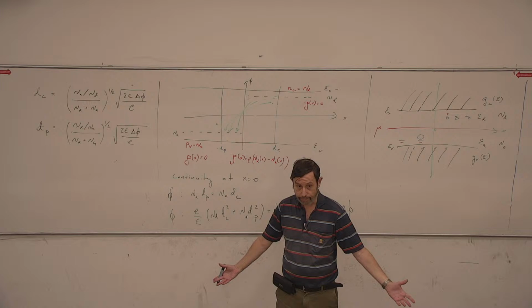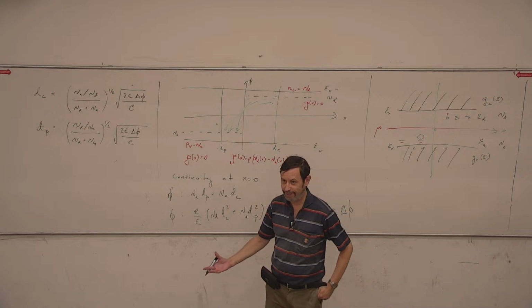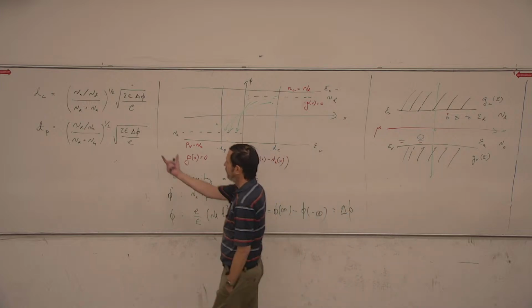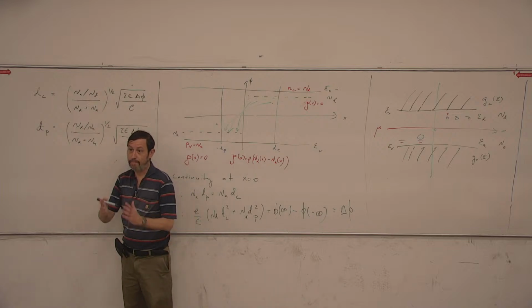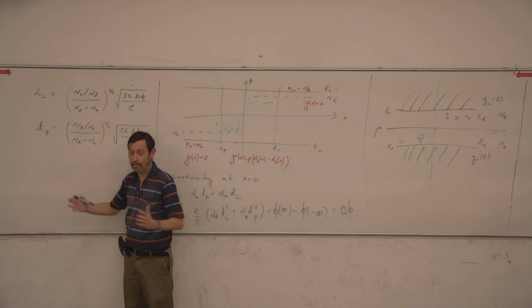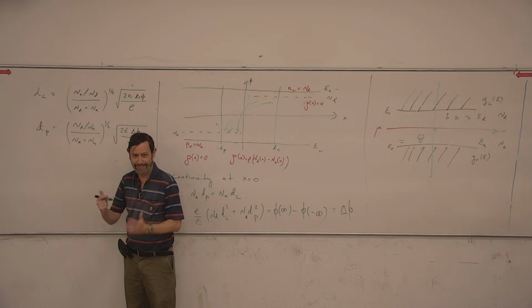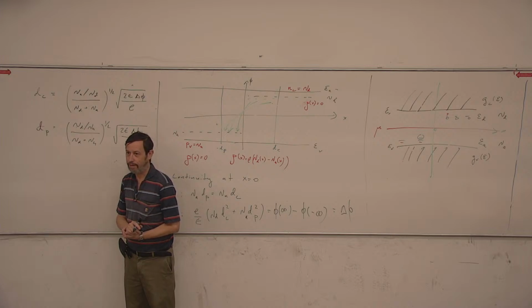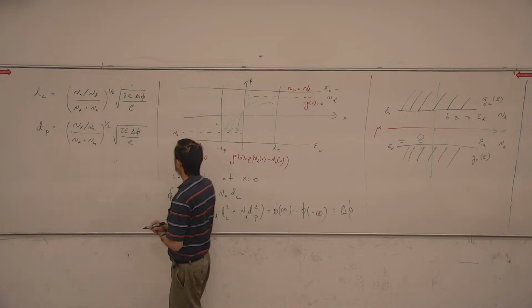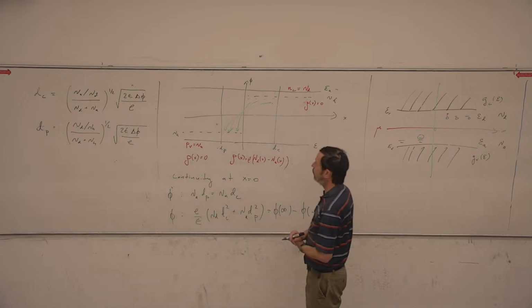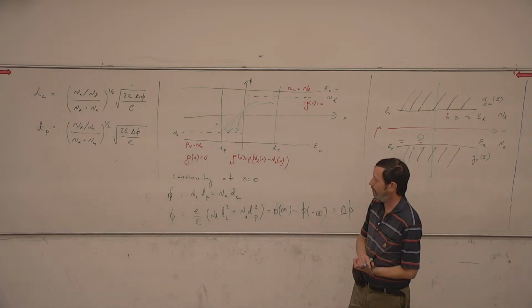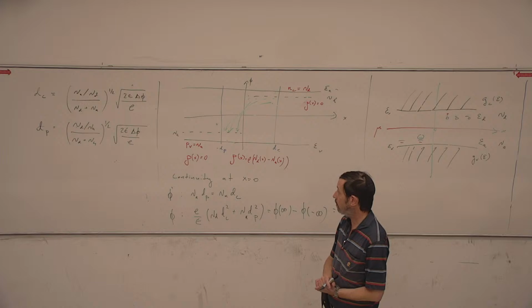Exactly. The smaller this region is, I can pack more diodes or more transistors into the same area. So, what can I do to make this region smaller?